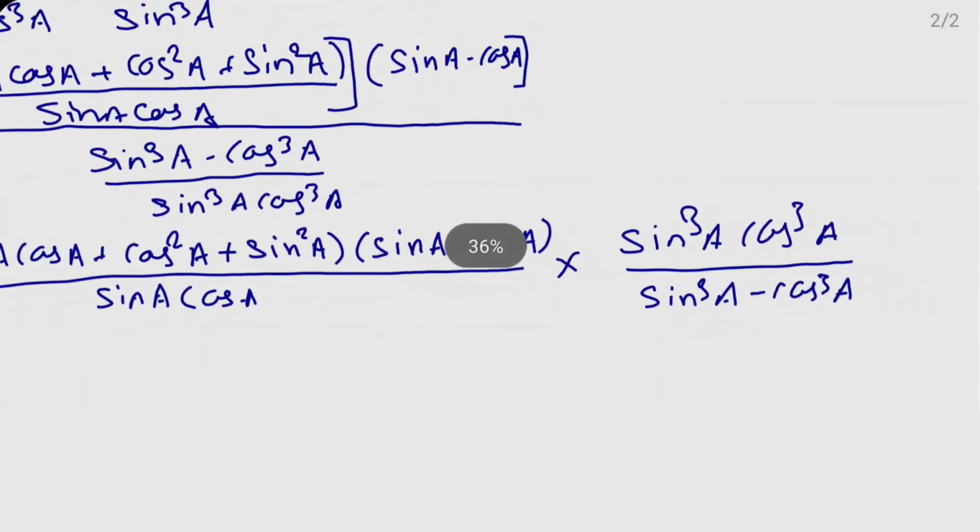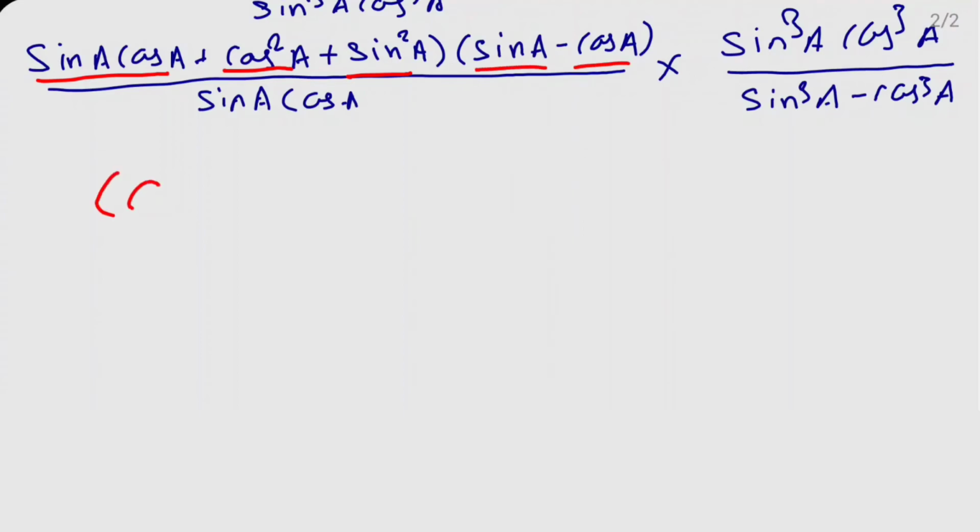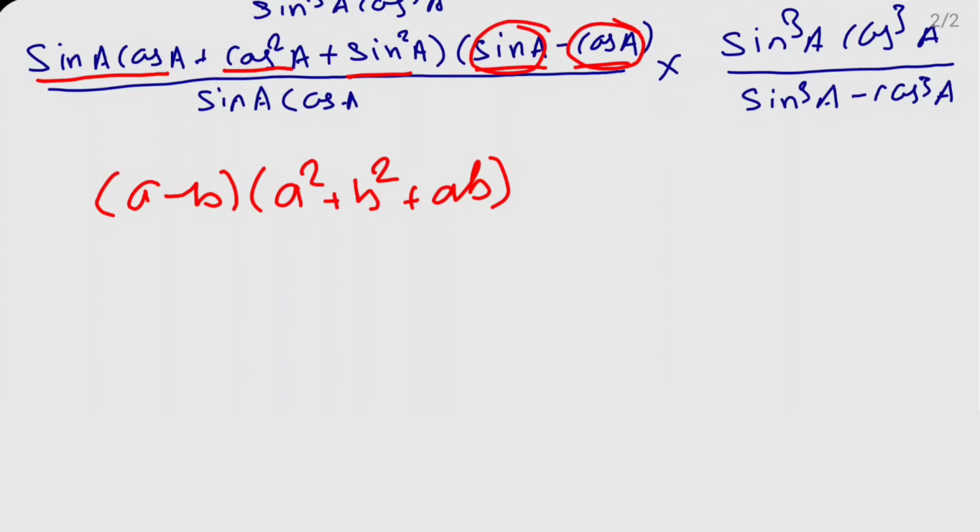So now look at here. Here is sin A into cos A and cos square A plus sin square A into sin A minus cos A. It is in the form of a minus b into a square plus b square plus ab, right? See here is a minus b and a square plus b square plus ab, right?